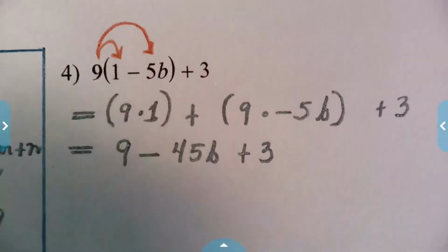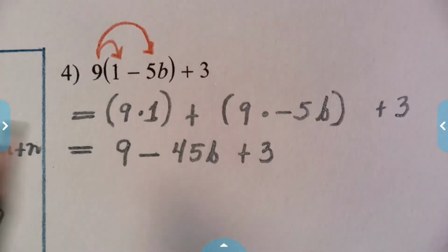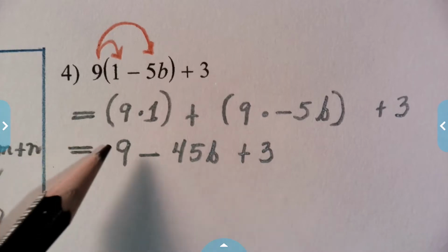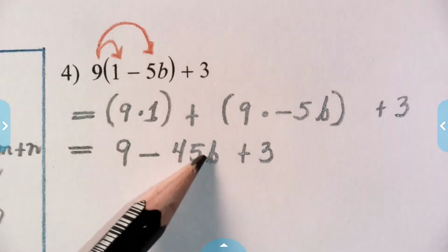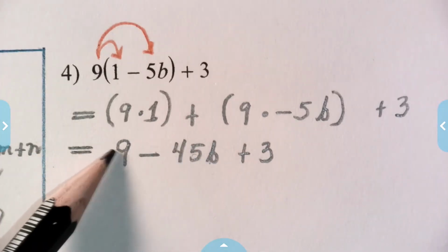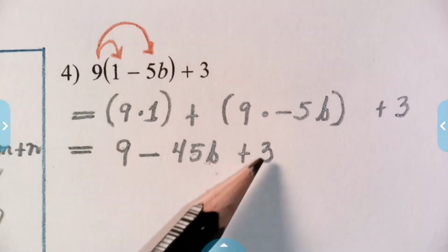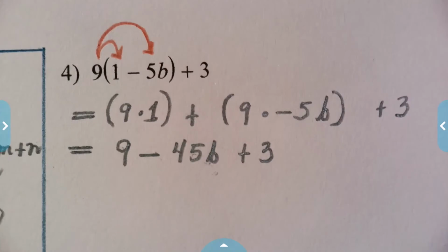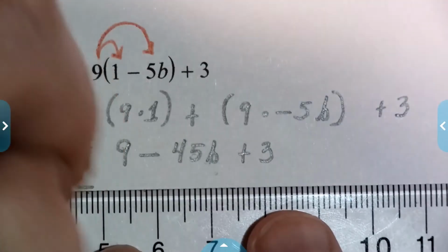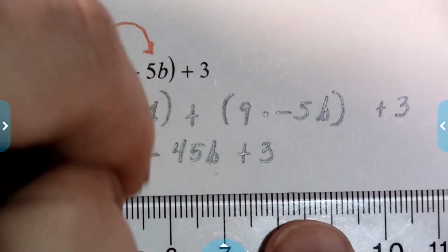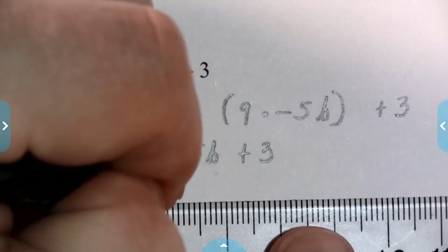And so now it's going to help us to move some things around here, right? Because this b means I can't add or subtract the 3 and the 9 to it, but the 9 and the 3 can still be added. So you're allowed to do this. Just lead with the negative 45b.